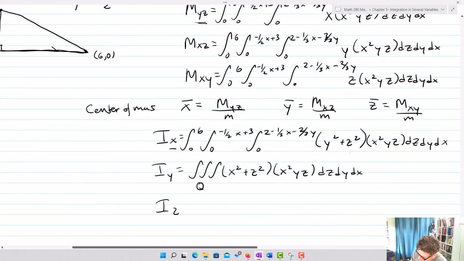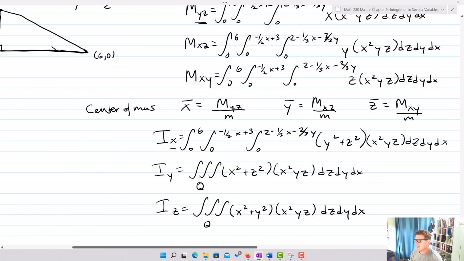And then Iz is going to equal the triple integral over Q of x squared plus y squared times x squared yz, dz, dy, dx. And that is our moments of inertia.